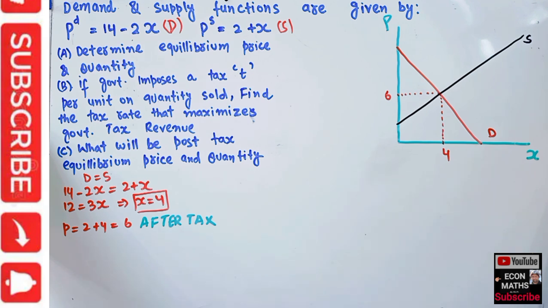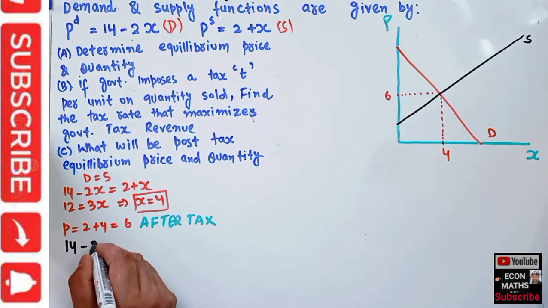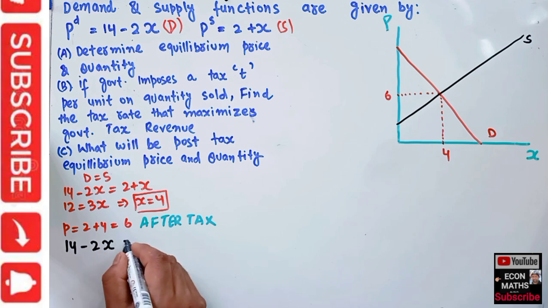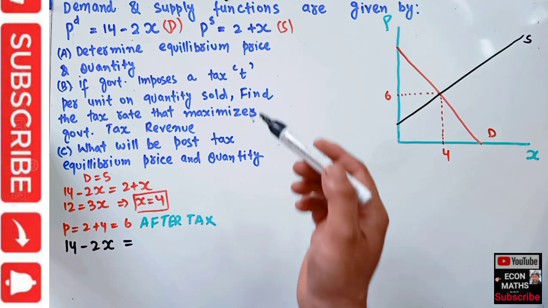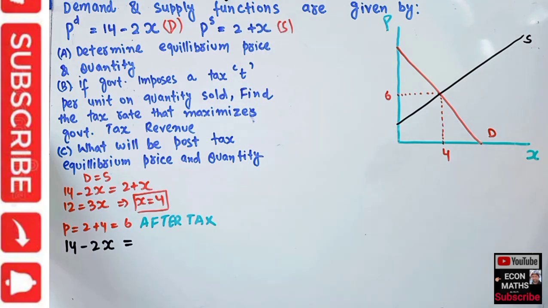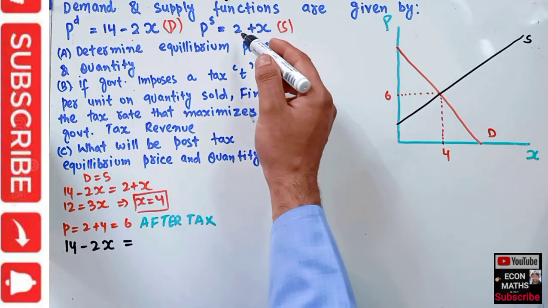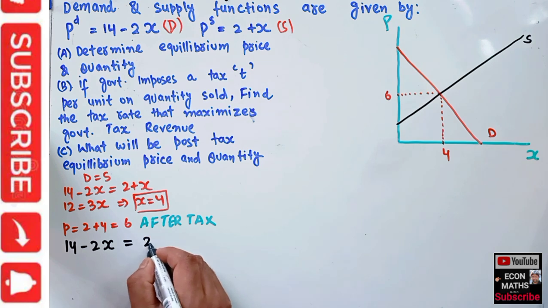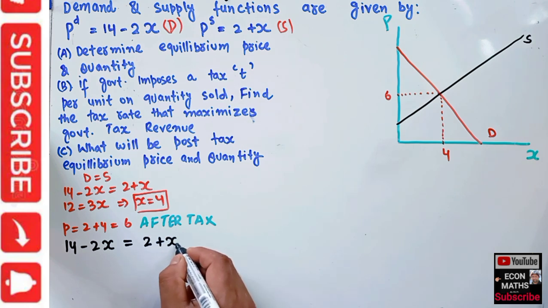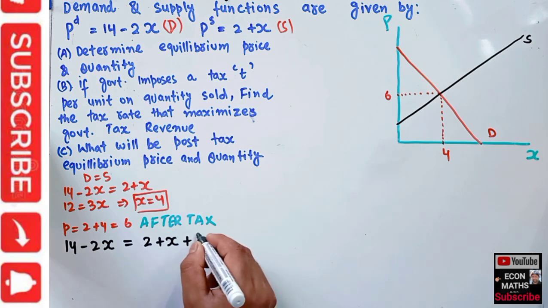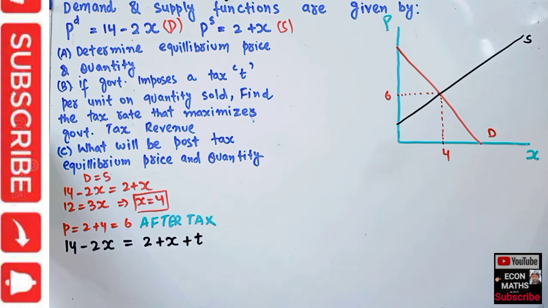Our demand function is the same, 14 minus 2x, and we equate it with the new supply function. What will be the new supply function? The old supply function plus the tax rate. So we have 2 plus x plus t, where t denotes the tax rate.